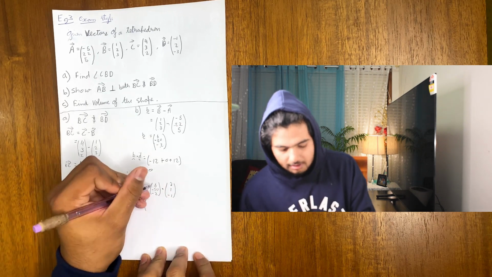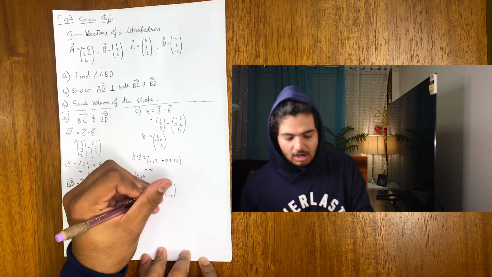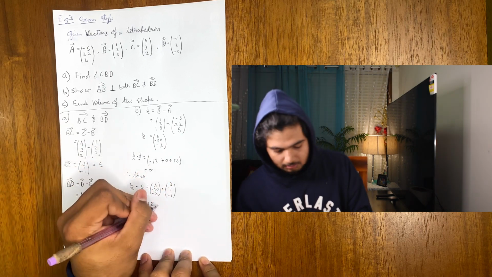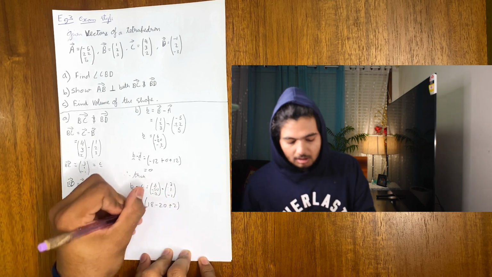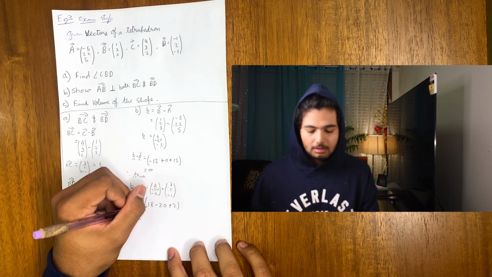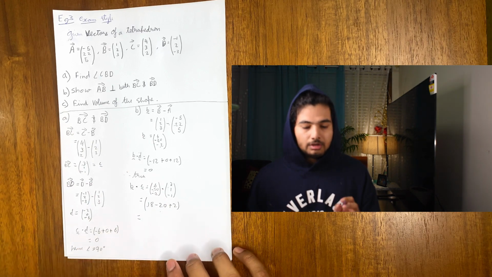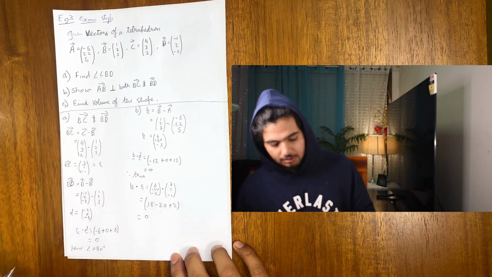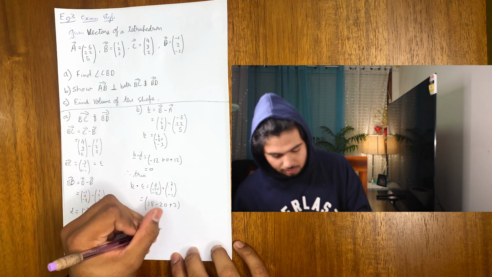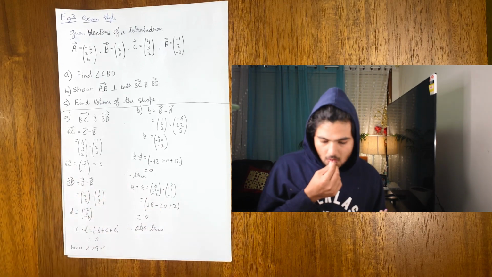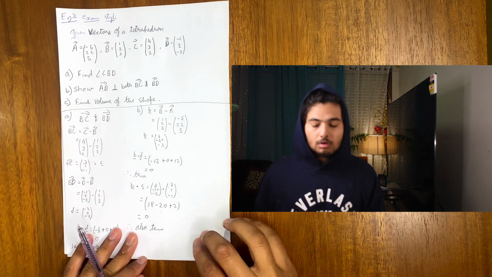Dot product of that: 6 times 3 is 18. Negative 20 times 1 is negative 20, and then plus 2. 18 minus 20 is negative 2, plus 2 gives me 0. So that is also true. Now let's go on to C, which is to find the volume of the shape.